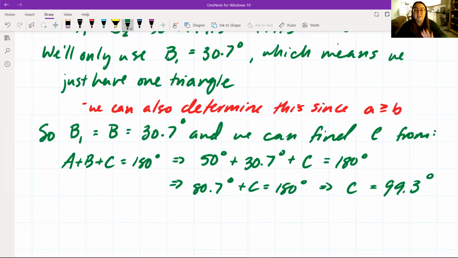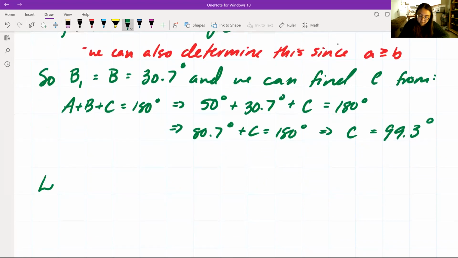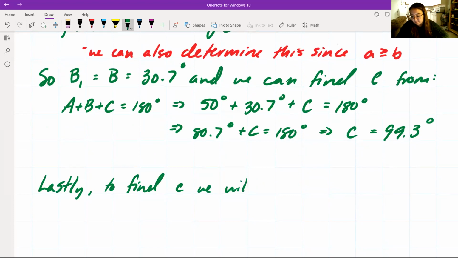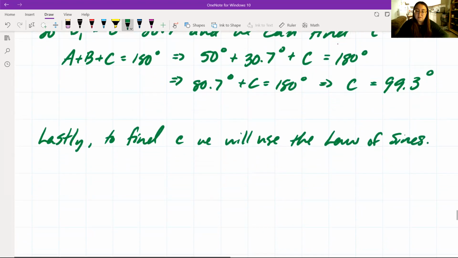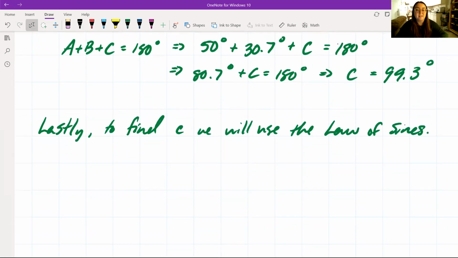So we solve for C. Now the only length or the only value that we don't have is lowercase c. So lastly, to find lowercase c, we will use the law of sines. Once again, using the angle measurement and side length of capital A and lowercase a, because those are whole values, we're going to set this equal to sine of capital C over lowercase c.